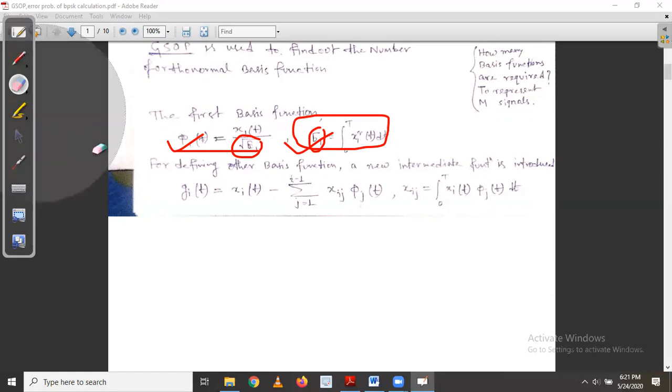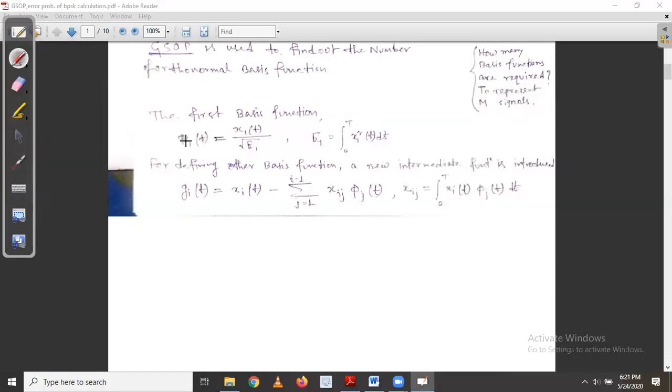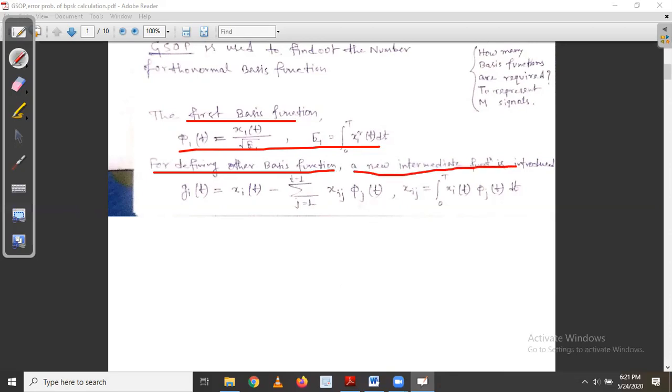So what about phi 2(t)? Definitely not phi 2(t) equals x2(t) divided by root of E2. Not like that. For the first basis function, this is the process, but for the next basis functions, the process is different. Very important: for defining the other basis functions, a new intermediate function is introduced.